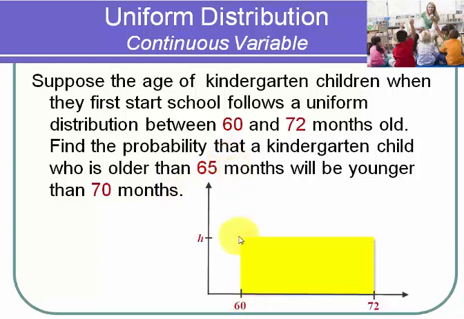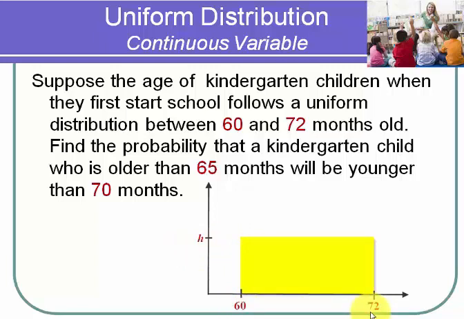I can draw the picture. Since we have a uniform distribution, we have a horizontal line for the probability density function. We don't know the height of this rectangle. I'm going to call it h. But we do know that the base of the rectangle is between 60 and 72.